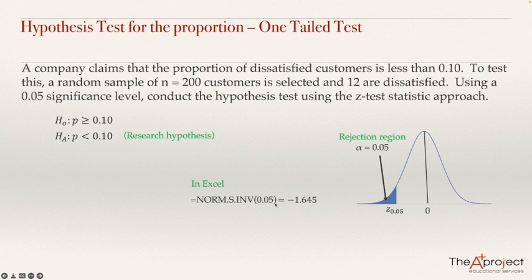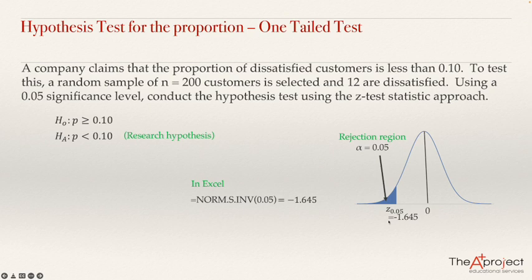Press enter, and that gives me a value of negative 1.6448 that I rounded to 3 decimals as negative 1.645. That will be the critical value.